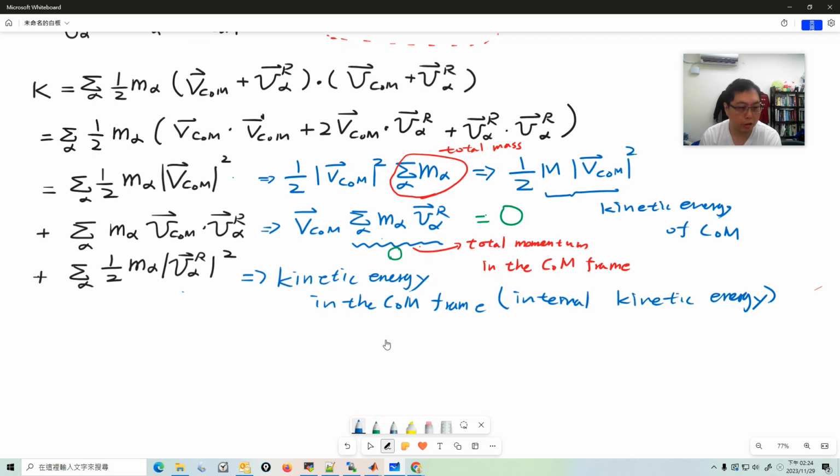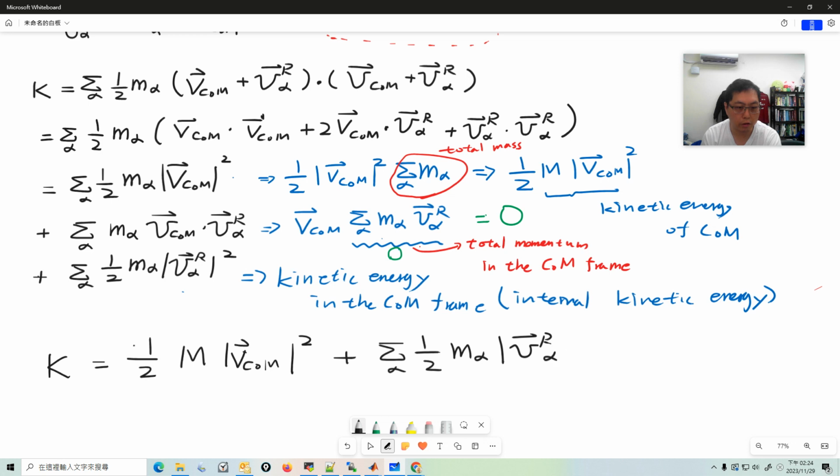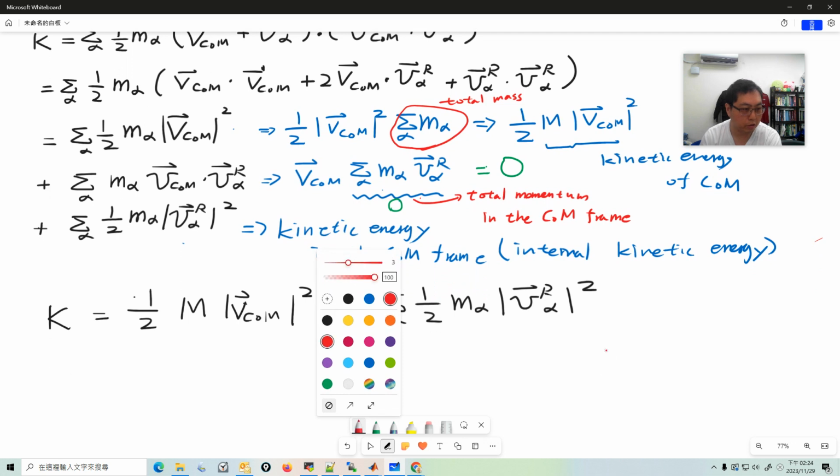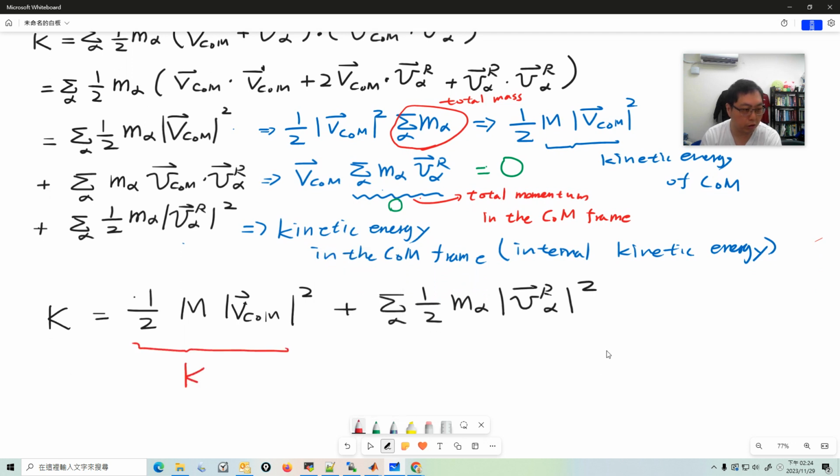So we add these three terms together, and finally we get K is equal to 1/2 capital M V_COM square plus summation alpha 1/2 m alpha V_R alpha square. So this is the kinetic energy of center of mass, and the second term is the internal kinetic energy, that's the kinetic energy in the center of mass frame.